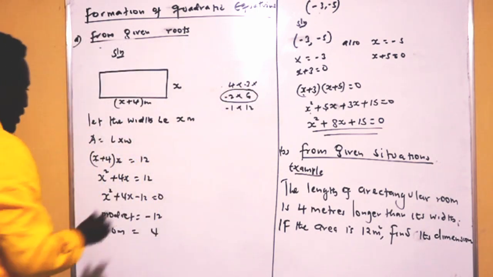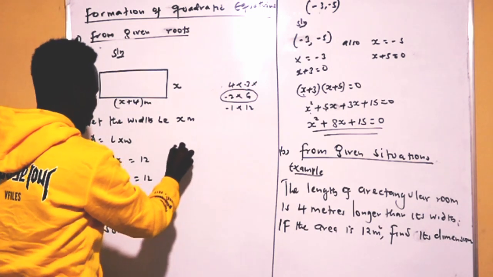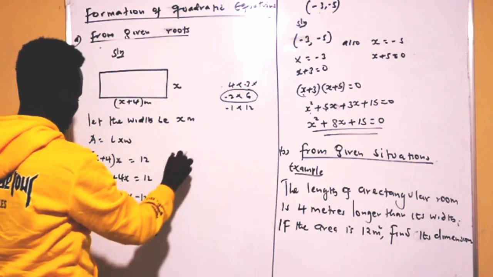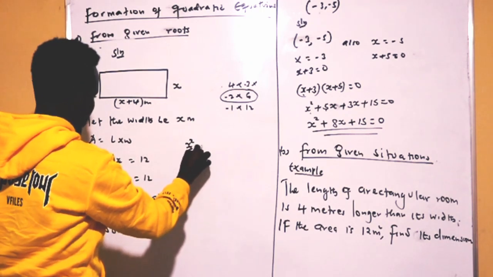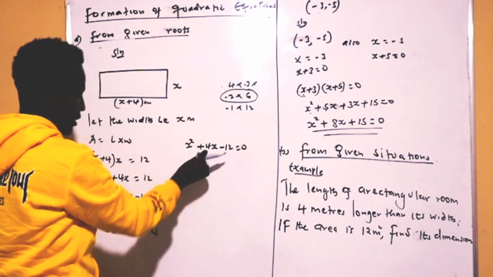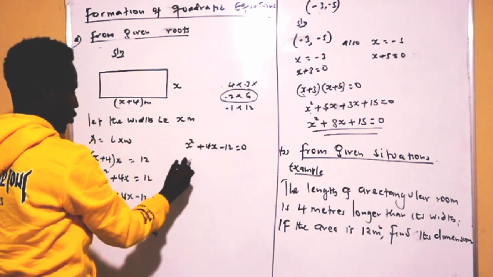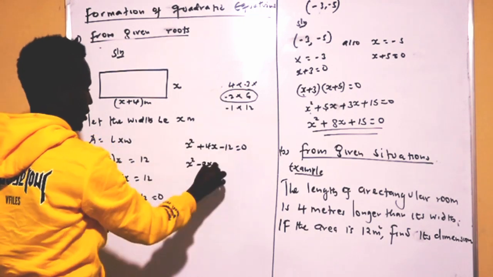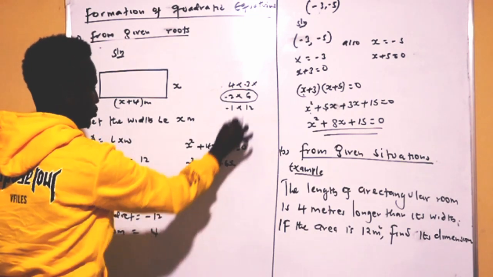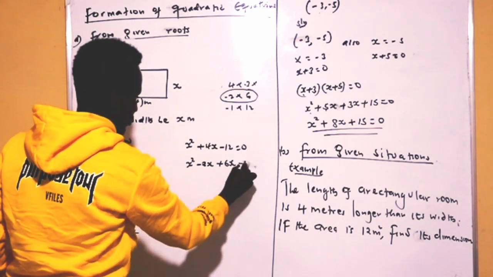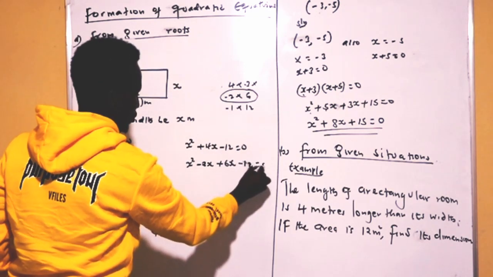This is what we have on the board: x squared plus 4x minus 12 is equal to 0. Substitute these two here. We say x squared minus 2x plus 6x minus 12 is equal to 0.